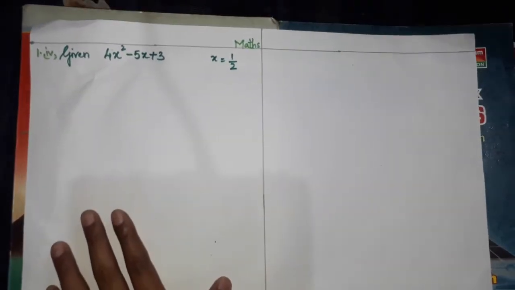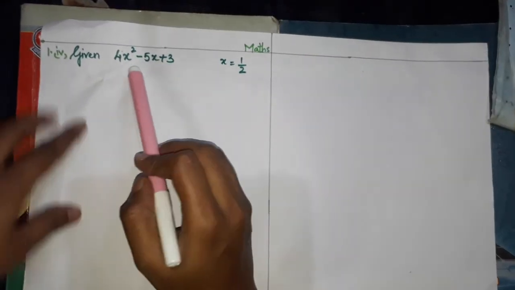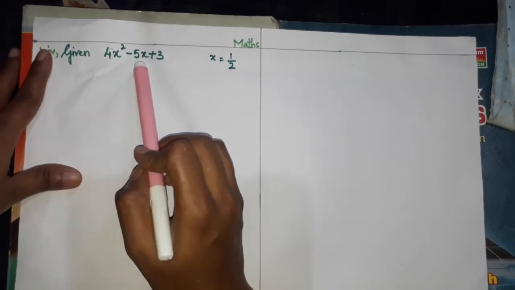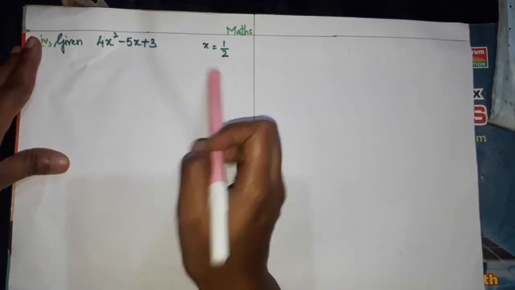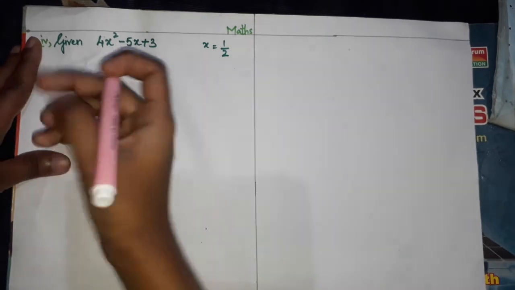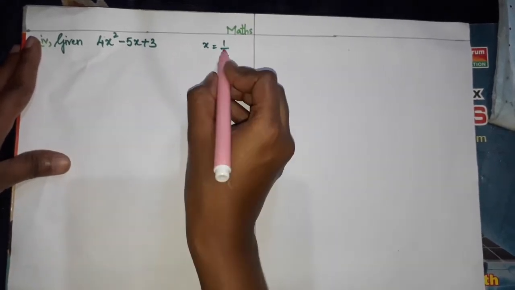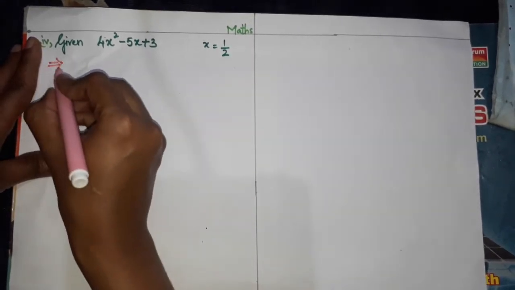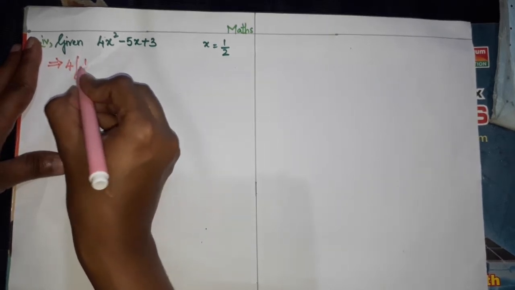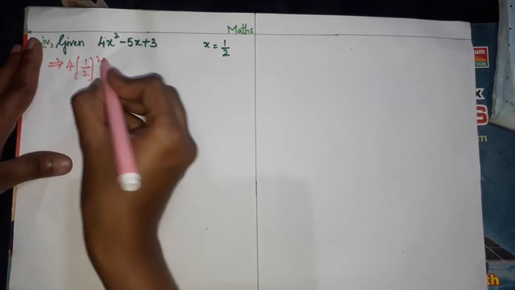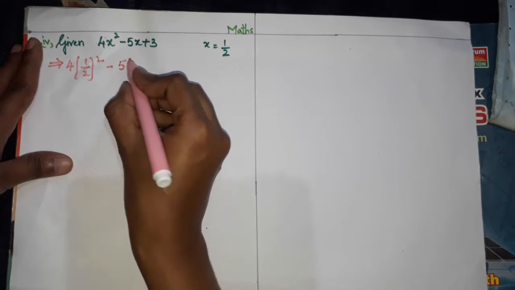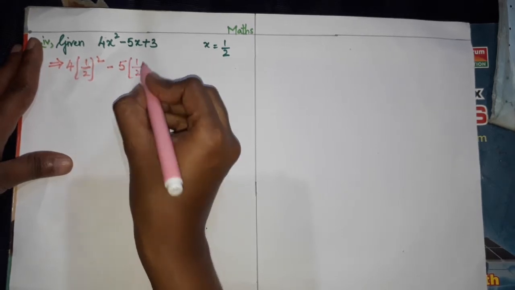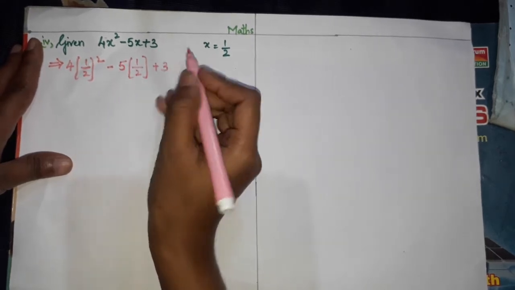I have copied the question: 4x square minus 5x plus 3, where x is equals to 1 by 2. Now, in place of x, we have to substitute 1 by 2, right? 4 (1 by 2) whole square minus 5 (in place of x is 1 by 2) plus 3.